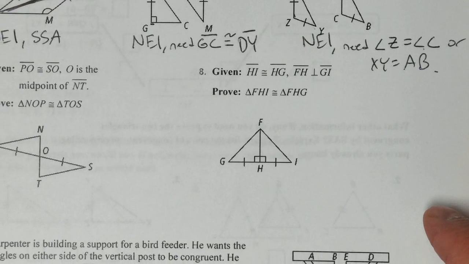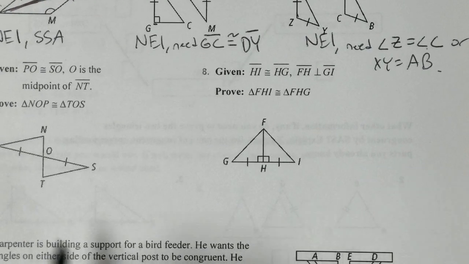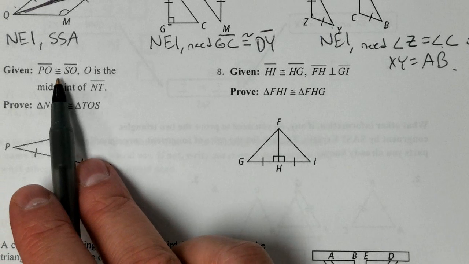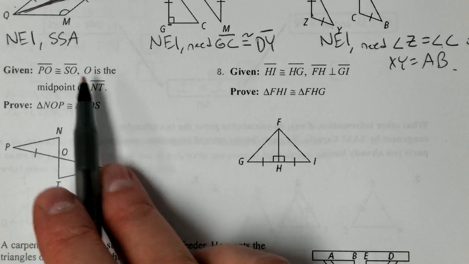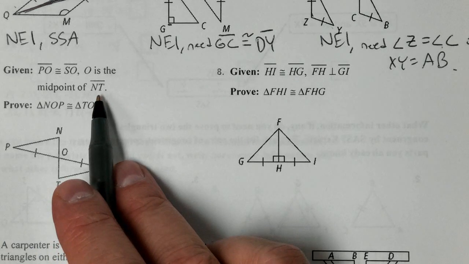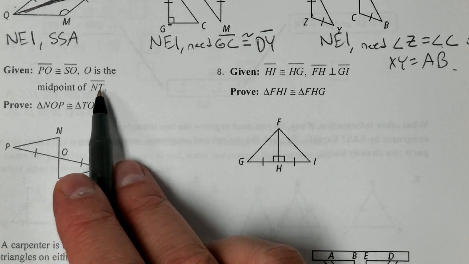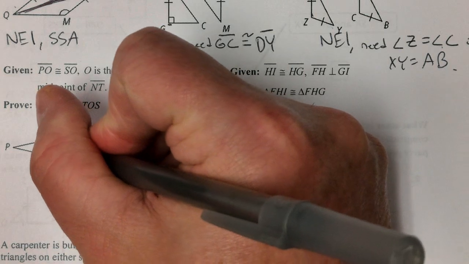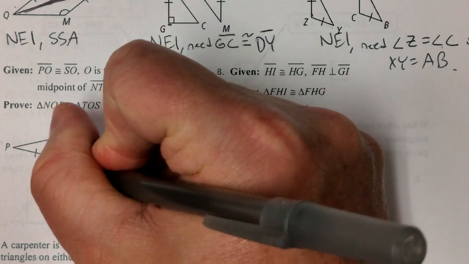Okay, so now number 7, given PO is congruent to SO and O is the midpoint of NT. If O is the midpoint of NT, then that means this one equals this one.